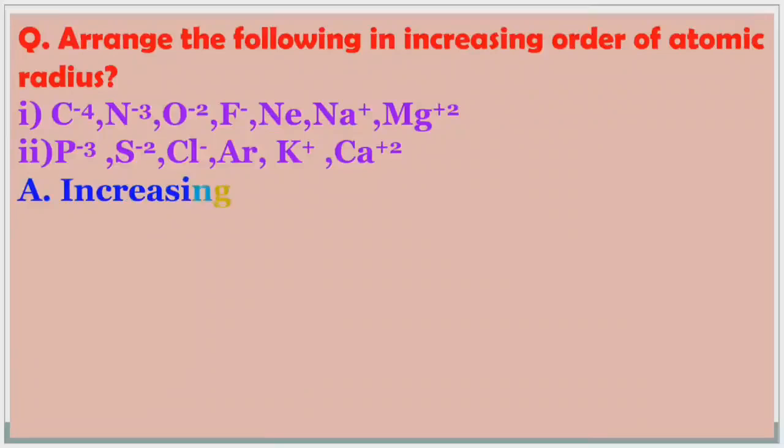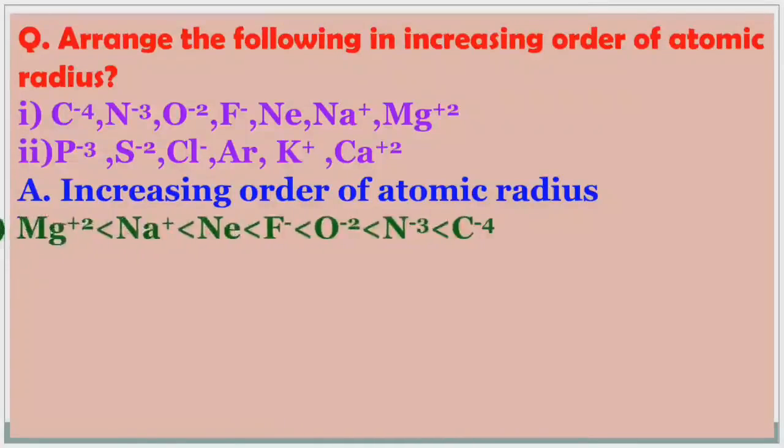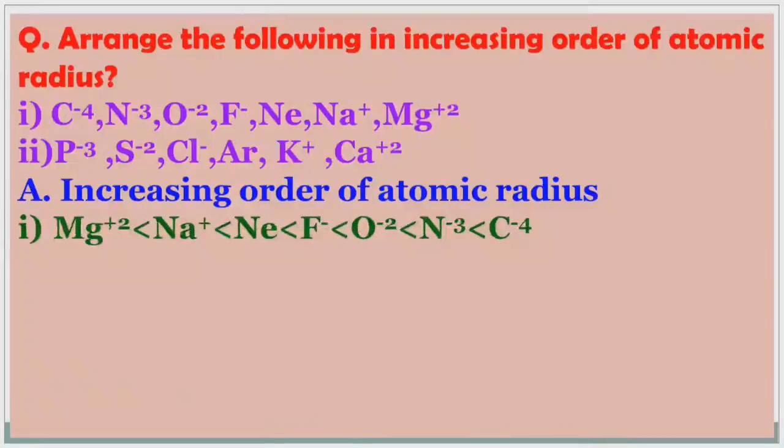That's why when we arrange them in the increasing order of atomic radius, first of all, an element with high positive charge has lesser atomic radius. So, magnesium +2 has less atomic radius than sodium plus, which has lesser atomic radius than neutral atom neon. Then as the negative charge increases, atomic radius increases.